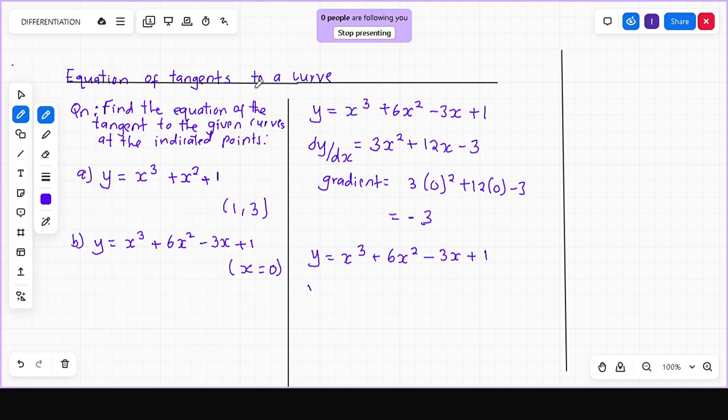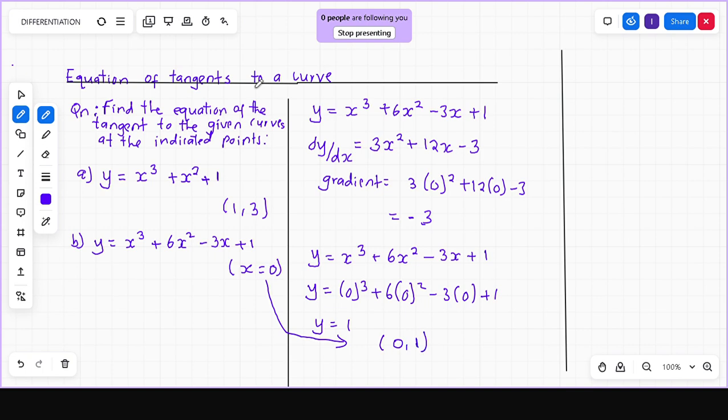So the value of y is equal to 0 cubed plus 6 into bracket 0 squared minus 3 into bracket 0 plus 1. So the y coordinate is equal to 1. So the coordinates are (0, 1): the value of x here is 0, and the value of y is 1.